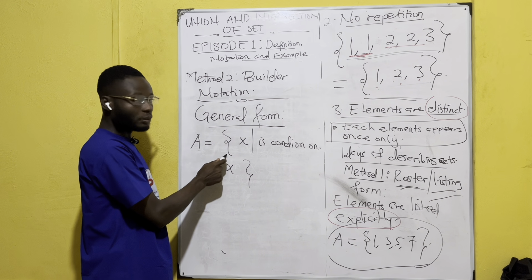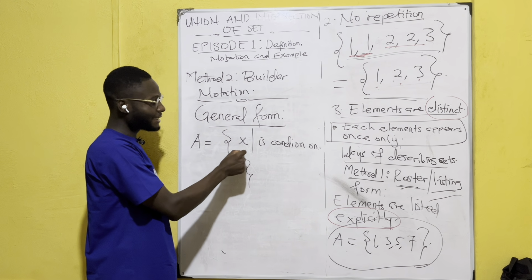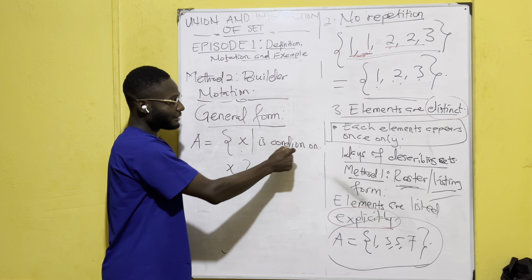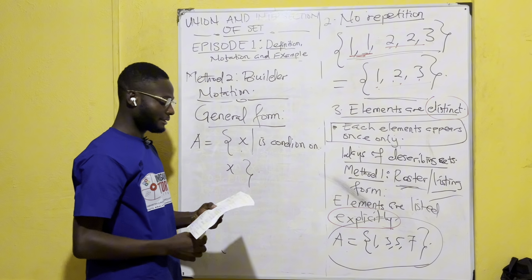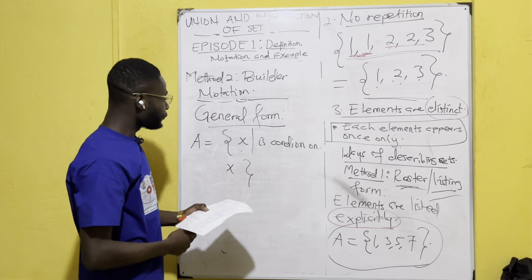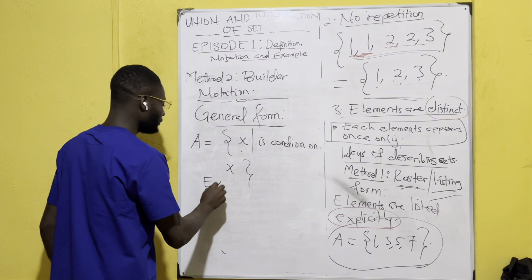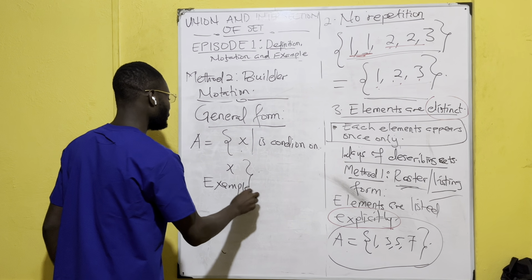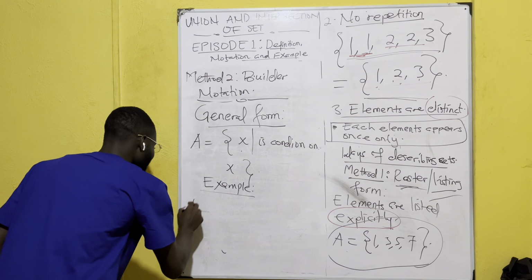So A is equal to curly bracket X such that, conditioned on what? X. So let's look at an example.